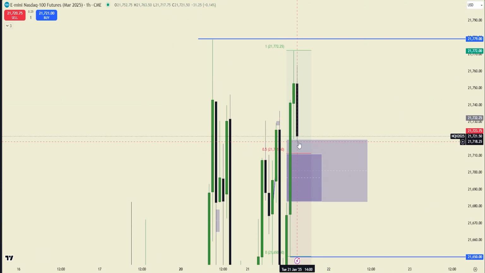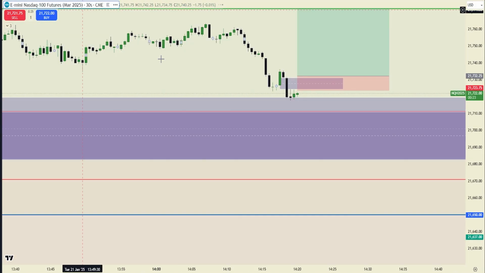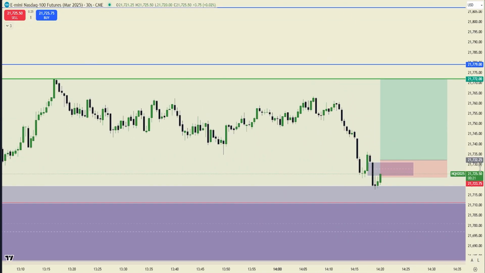So we still have 50% below, so if price really wanted to, it could go for that. But I'm just watching this initial reaction to the BSI.